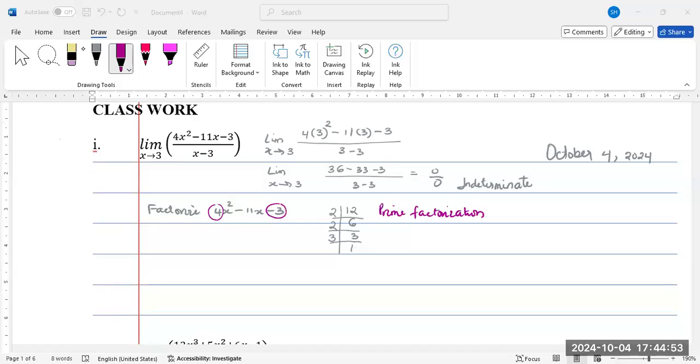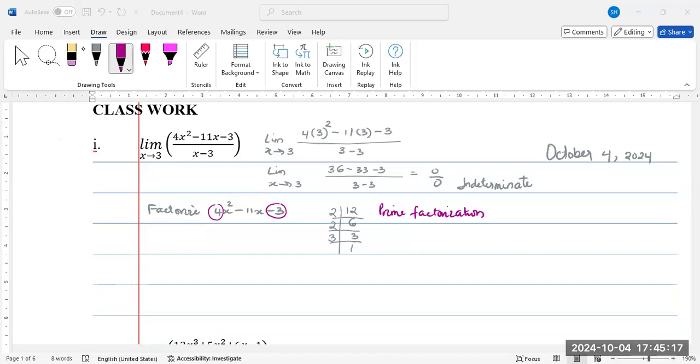Everybody see that? Yes, sir. What is the coefficient of x squared? 4. Good job. What is the constant term? -3. Very good.